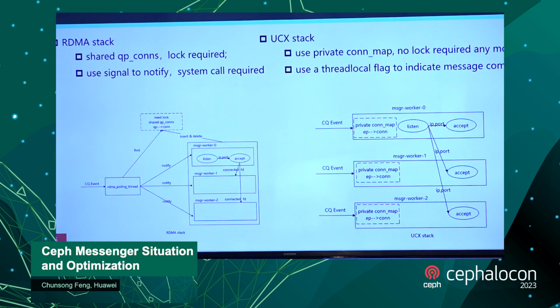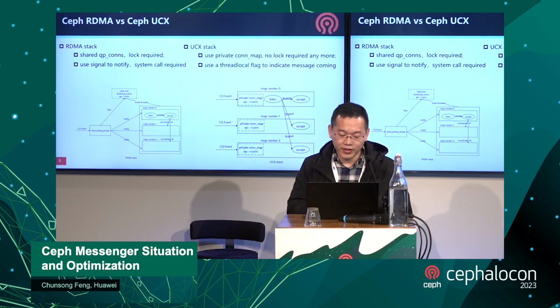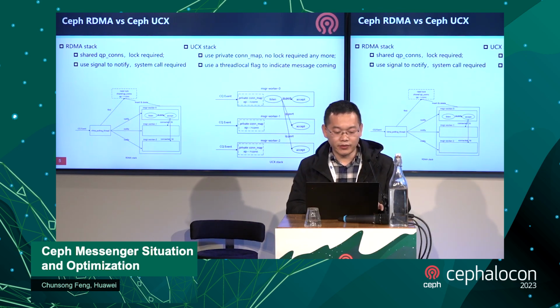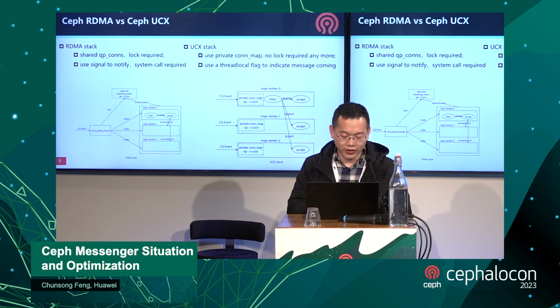When the message worker builds a new connection, it will insert a queue pair and connection map item into the shared queue pair connections. This is the lock. And second, when the RDMA polling thread receives the event from the completion queue, it uses a system call to notify the message worker to receive the packet.